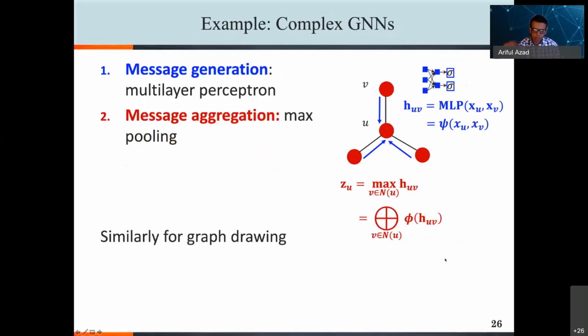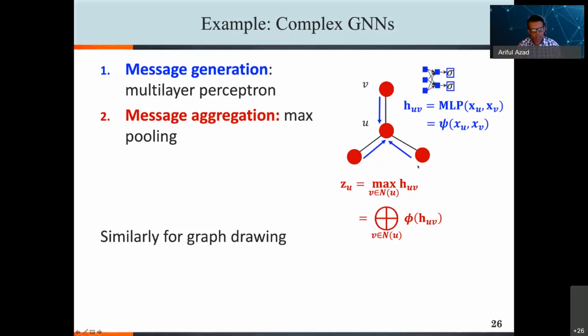Similarly, we can develop complex graph neural networks where the message generation can be done by a multi-layer perceptron like this. So it can go over smaller individual neural networks per edge. But no matter what you do, that can be captured by this computational pattern: a function psi that will take the embedding of V and U and do whatever it likes and give us edge-wise messages.